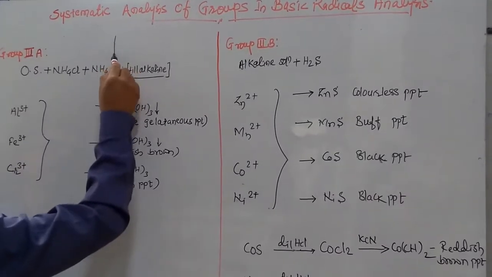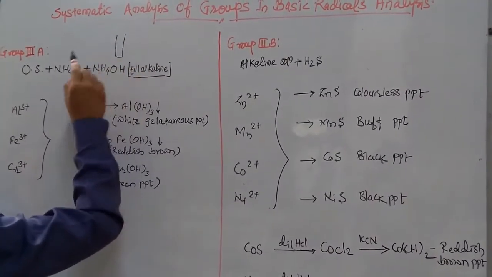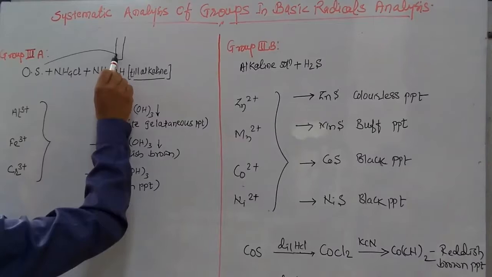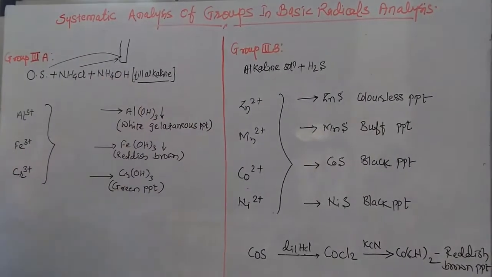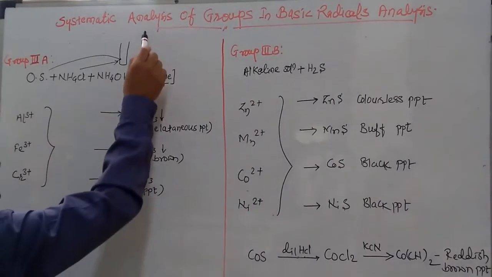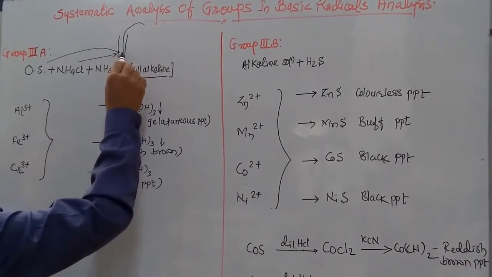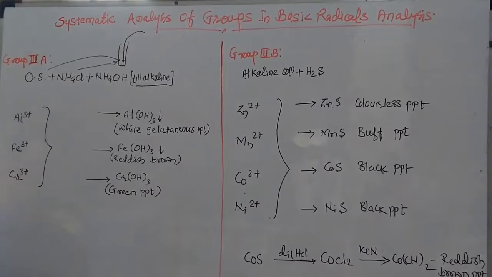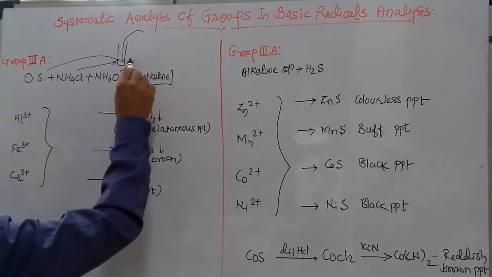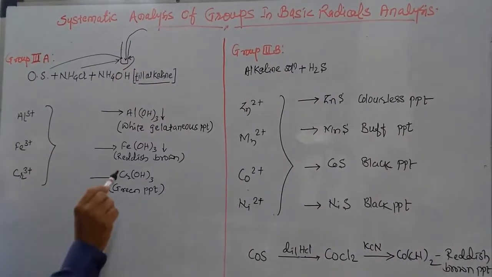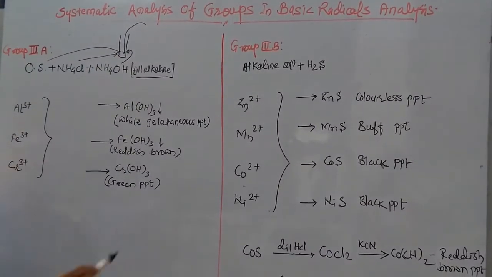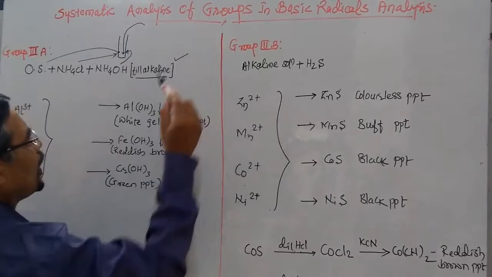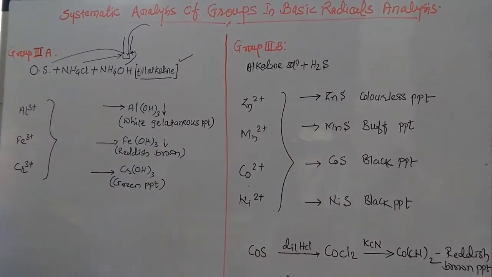That is, in the test tube, take a small quantity of original solution, then add a small quantity of NH4Cl, add a small piece of red litmus paper, and then add ammonium hydroxide till the red litmus paper becomes blue, which indicates alkaline solution.